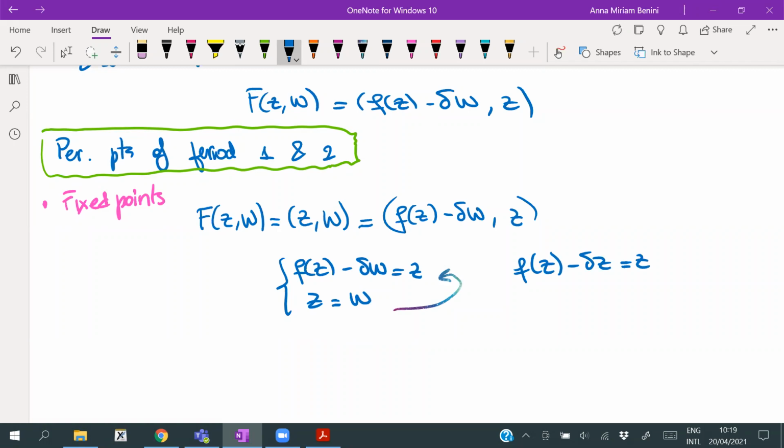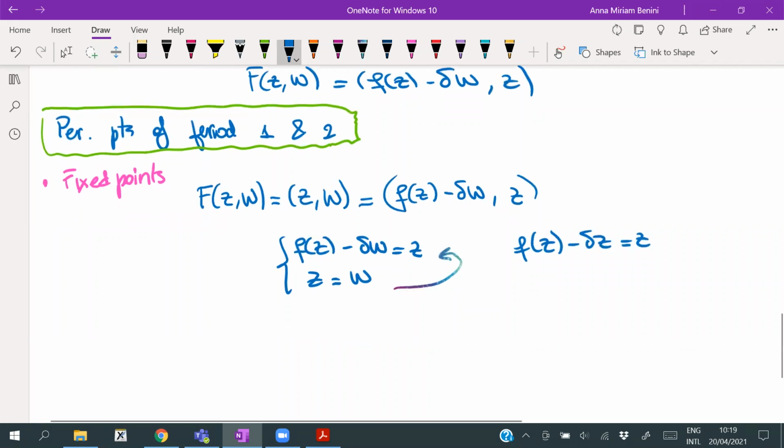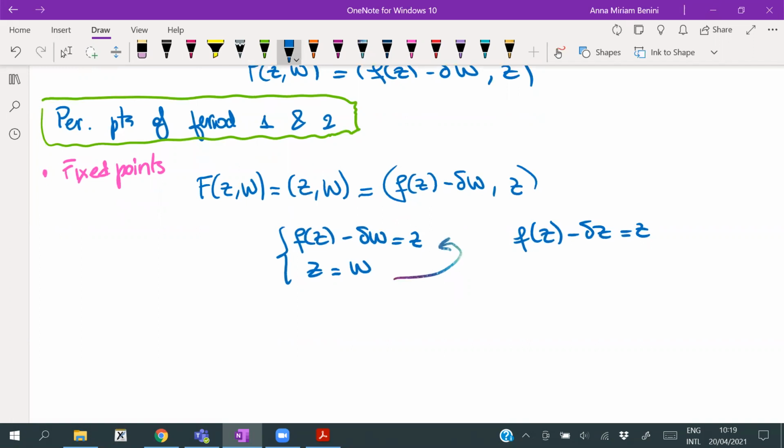Okay? So this is true if and only if f(z) - (delta + 1)z is equal to 0.